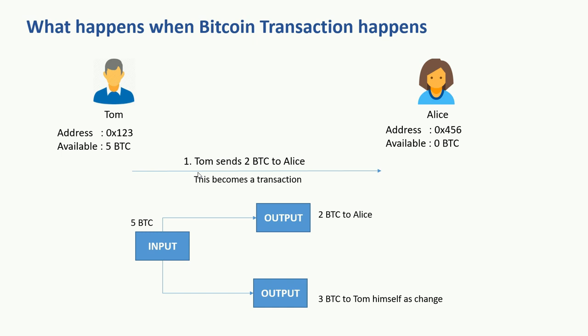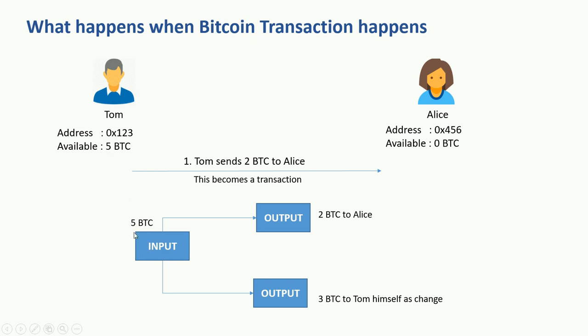In the Bitcoin world, how much is the input? 5 bitcoins. What is the output planned to be sent? 2 bitcoins. So there is a remainder of 3 bitcoins. 2 bitcoins are sent to Alice, and Tom's remaining balance has to be 3 bitcoins.